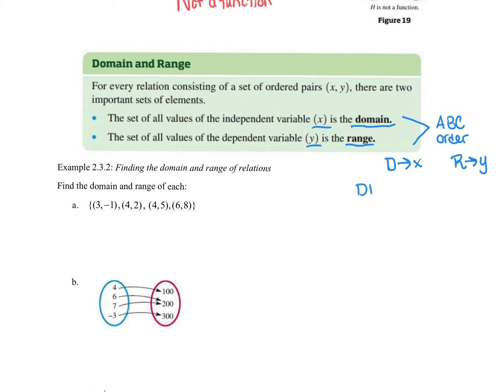Another way to remember it was an acronym called Dix-Roy, and that stands for domain, input, x, range, output, y. So in the next problems, it says find the domain and range of each.